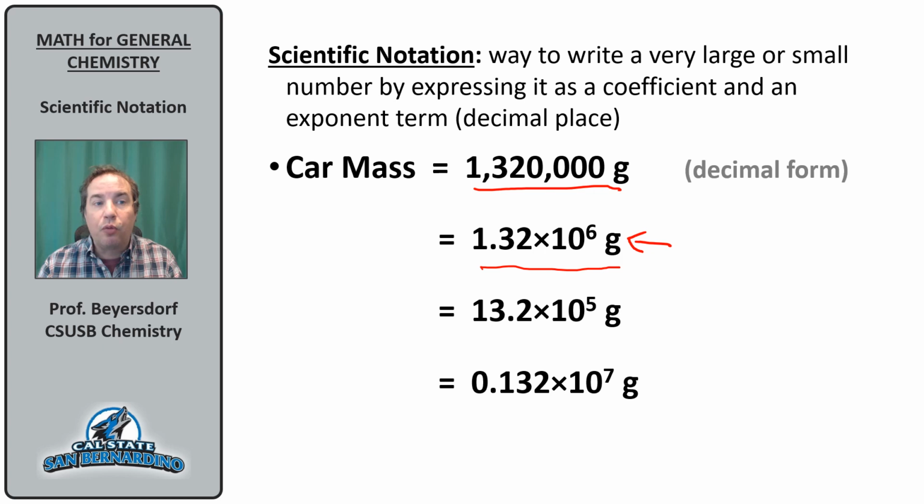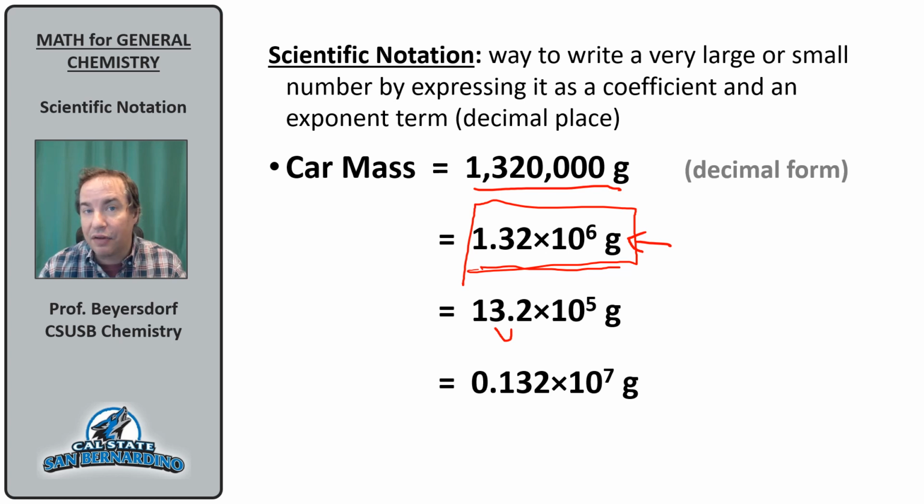But this is valid. 13.2 times 10 to the 5 is the same as 1.32 times 10 to the 6. I could even write it as 0.132 times 10 to the 7, right? Here, I would move over 1, and I would get 10 to the 6th, right? So all these are the same number, just different ways. But this is the standard way we would write it in scientific notation.